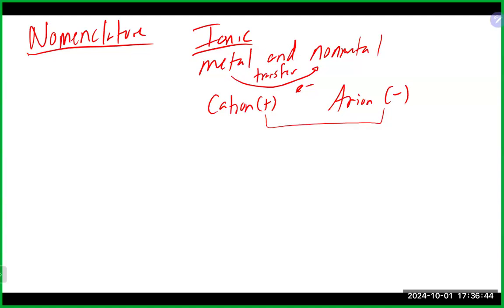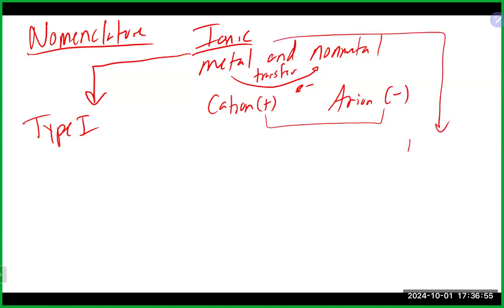And when we go with naming ionic compounds, they oftentimes are broken apart into two types. There's a type 1, basically go this way, and a type 2 going that way. And always with naming, as we were talking about, it is always the metal that is the most important thing. It is really what determines how you go about naming it.